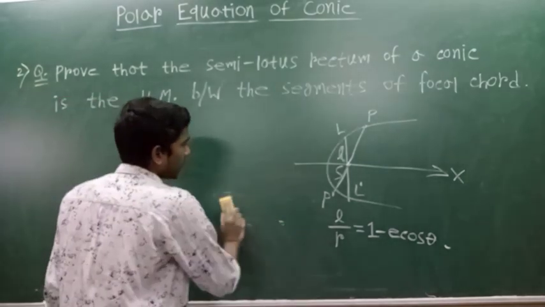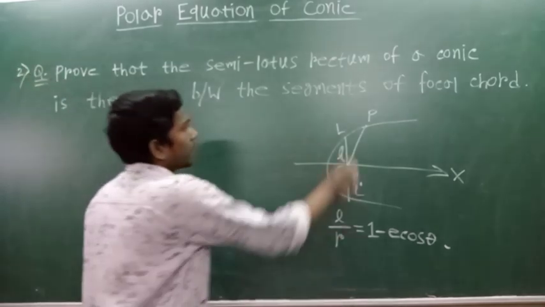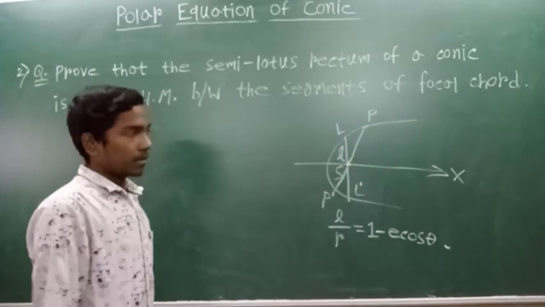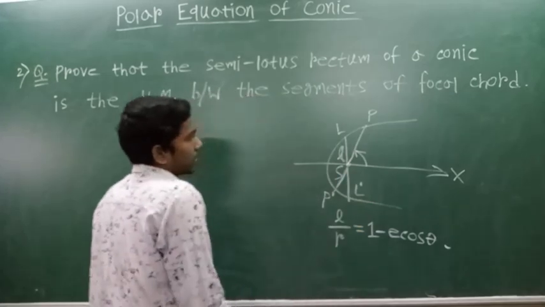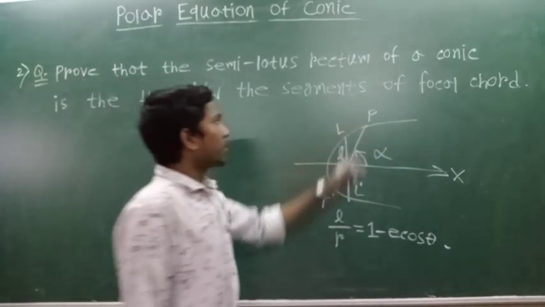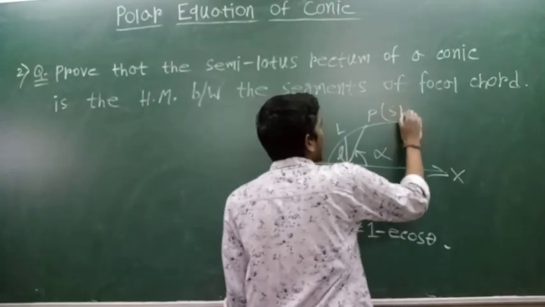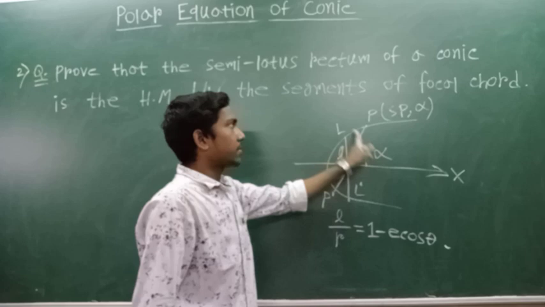Okay. So how can we prove this? See, P is a point on the conic. So this angle is alpha. This angle is alpha. Okay. Now the coordinate of point P is SP comma alpha. We can say the radius vector is SP and the vectorial angle is alpha.